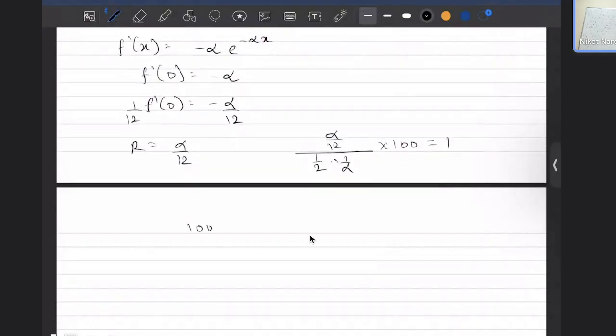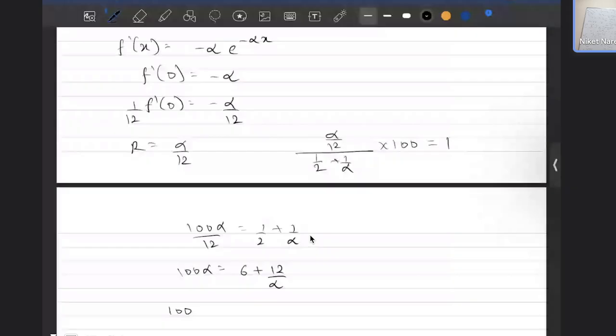So 100 alpha by 12 is equal to 1 by 2 plus 1 by alpha. So 100 alpha is equal to 6 plus 12 by alpha. 100 alpha square minus 6 alpha minus 12 is equal to 0.